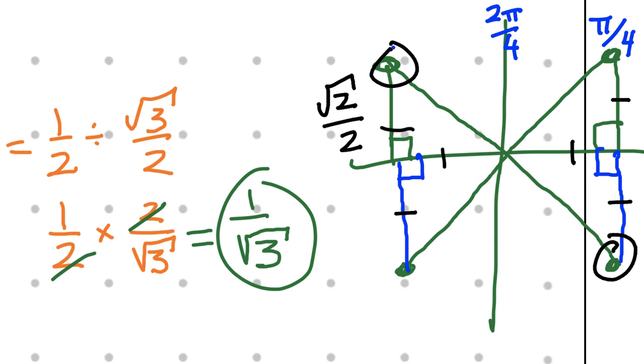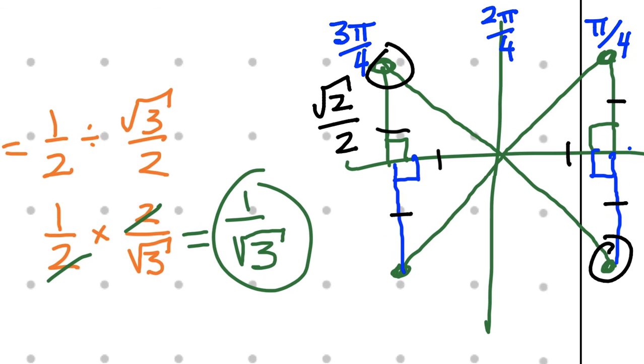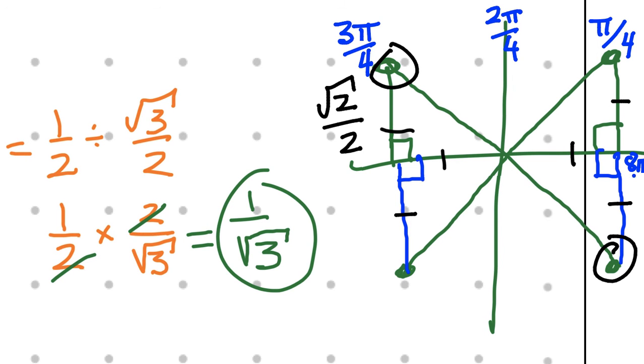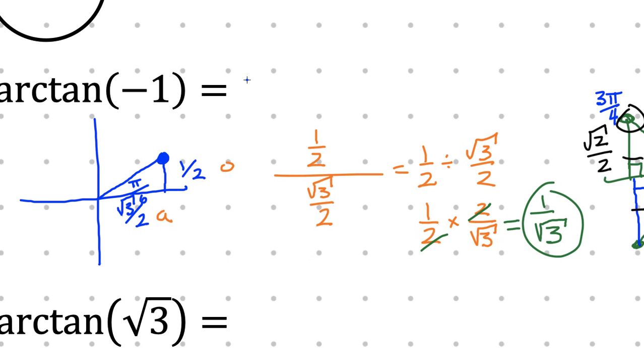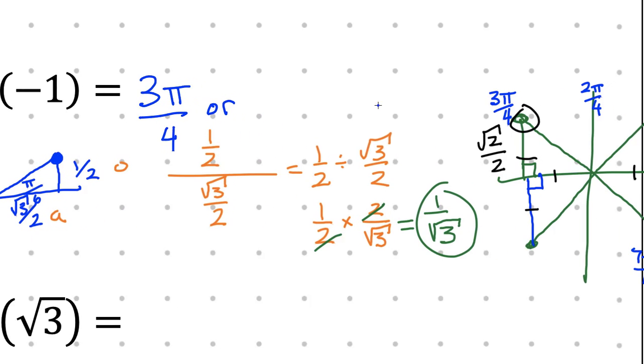This one, therefore, must be, Eva? 3 pi over 4. And what about this one down here for the final answer? This one is 8 pi over 4, and I have to subtract one of those. And Eva has it, 7 pi over 4. Okay. So our answer here is 3 pi over 4 or 7 pi over 4.